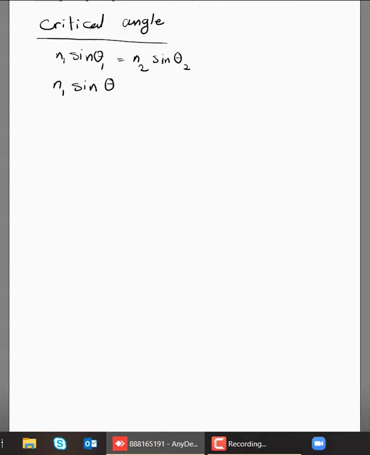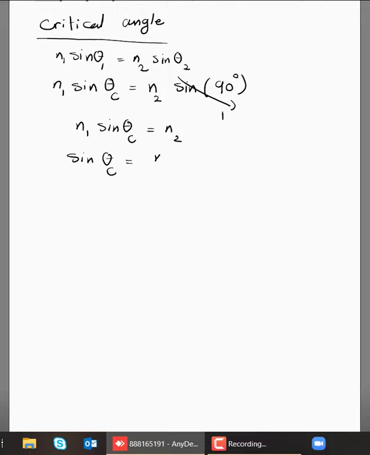So let's call this the critical angle, for which the refraction angle is 90 degrees. So sine of this part is 1, and I can say n1 sine theta c equals n2, so sine theta c equals n2 divided by n1, the critical angle here.